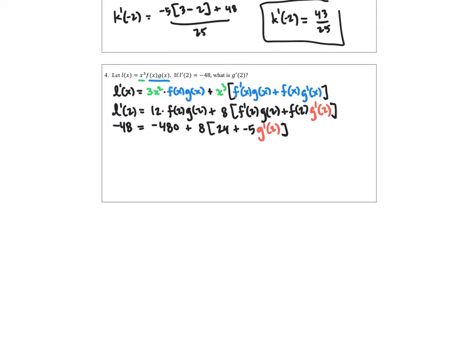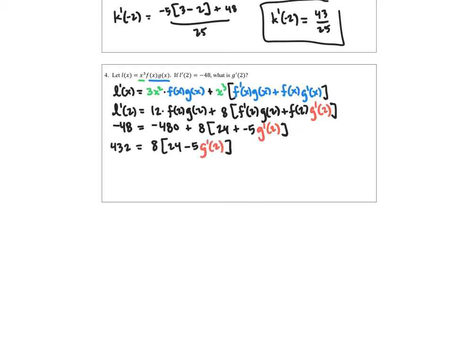Okay, let's see. What would be the best way to go about this likely? I'm going to add 480 to both sides. So negative 48 plus 480 would be 432. That'll equal 8 times the quantity 24 minus 5 g prime at 2.